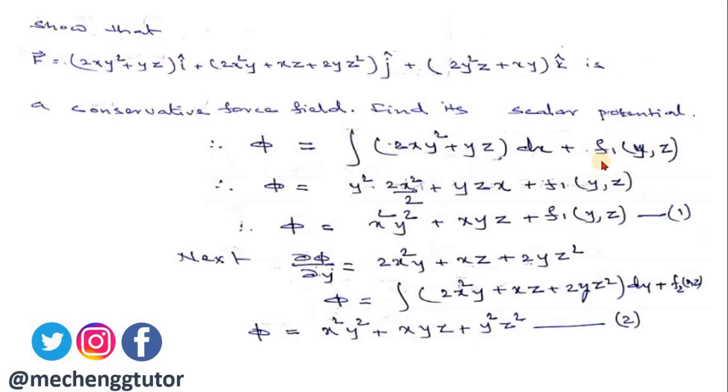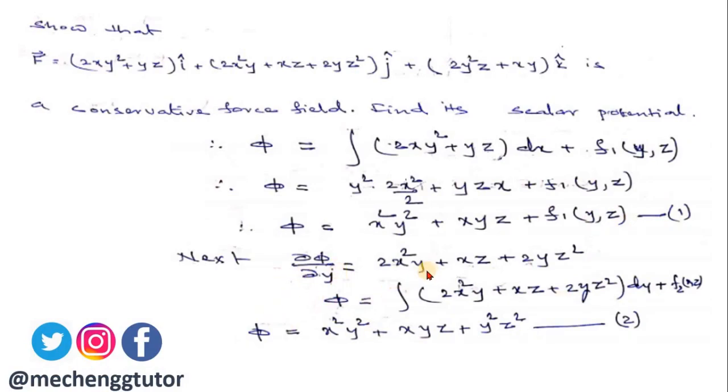I will add some function of y and z, because y and z we have treated as constants. So this y² is constant, the integral of 2x is x². So phi is equal to y² into 2x²/2 plus yz x plus f1(y,z). Therefore, phi is equal to x²y² + xyz + f1(y,z). Call it equation 1.